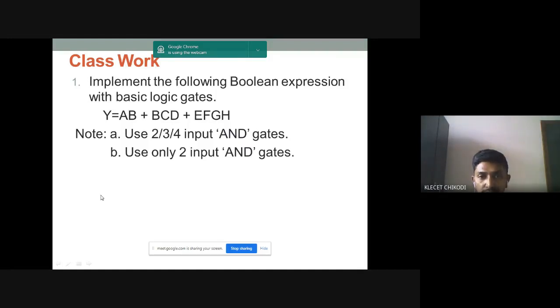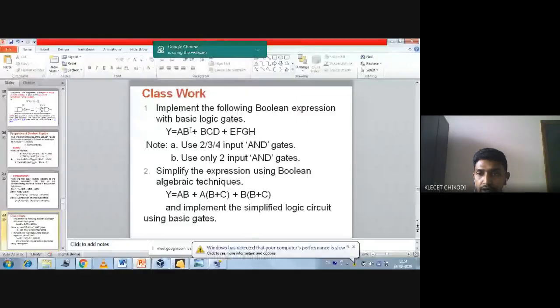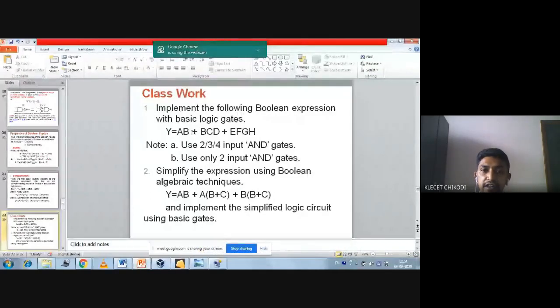See here. How to draw that? So this one, A into B plus B into C into D plus E into F into G into H. This is the logical expression, and we have to draw the logic circuit for that. So I have some tool here available with me. Note it down, all of you, how to draw the logic circuit for that.